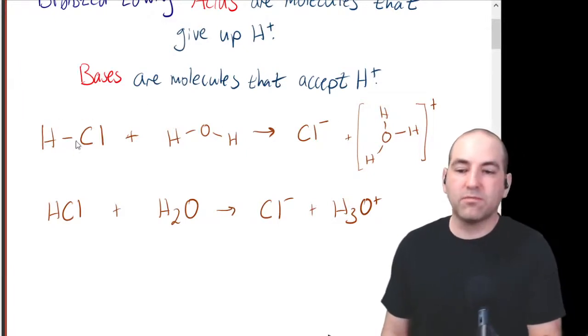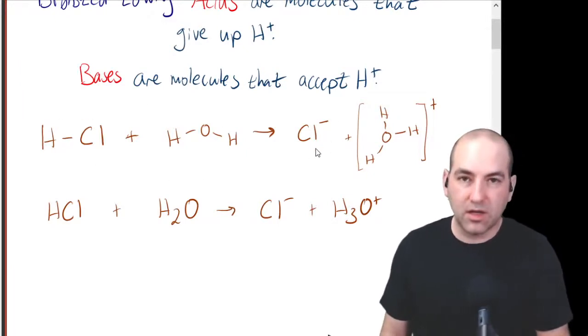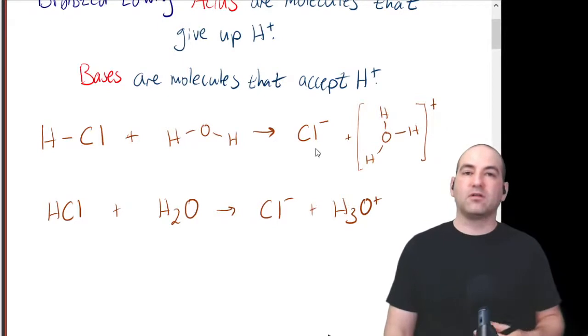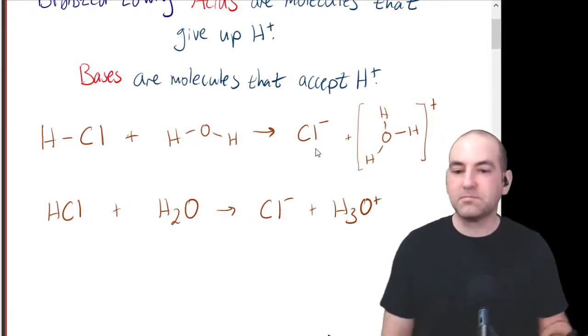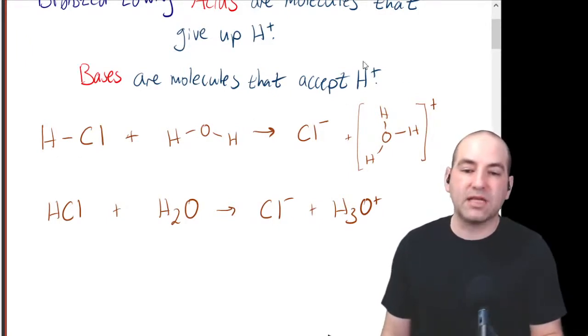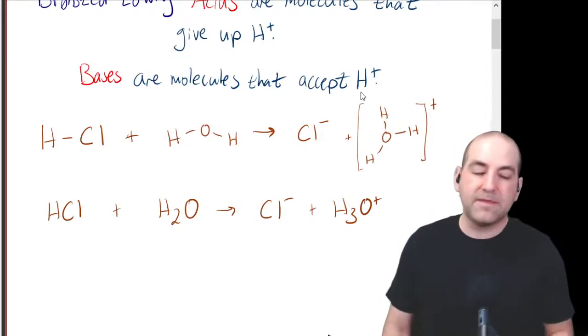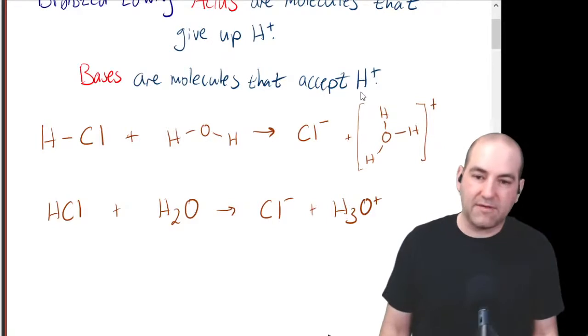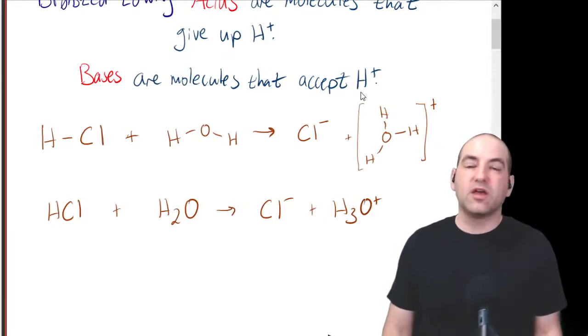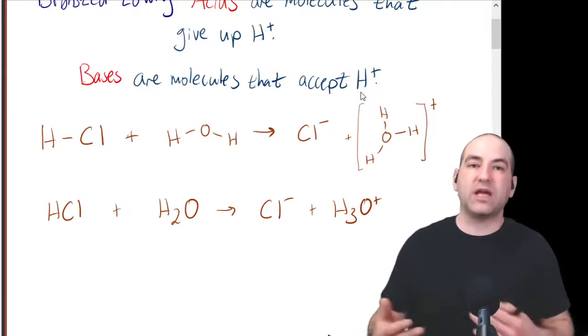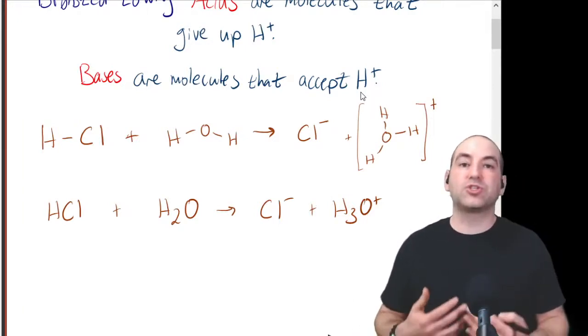So if you go from neutral to -1, that means that you have lost something positive or gained something negative. And so in this case, it's lost something positive. It's lost H+. And that's maybe the hardest thing I've found for a lot of people in understanding these reactions, is recognizing that the thing that's being transferred, that's being gained or lost, is charged.